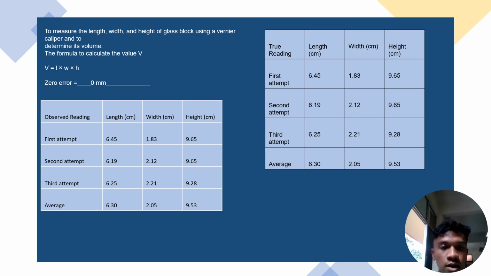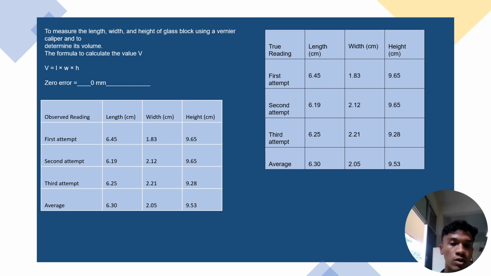And then we're going to take a look at the result for glass block. For observed reading, for length, the first attempt we got 6.5, 6.545, 6.19, and then 6.25. The average is 6.3. And the width, we got 1.83, 2.12, and lastly 2.21.